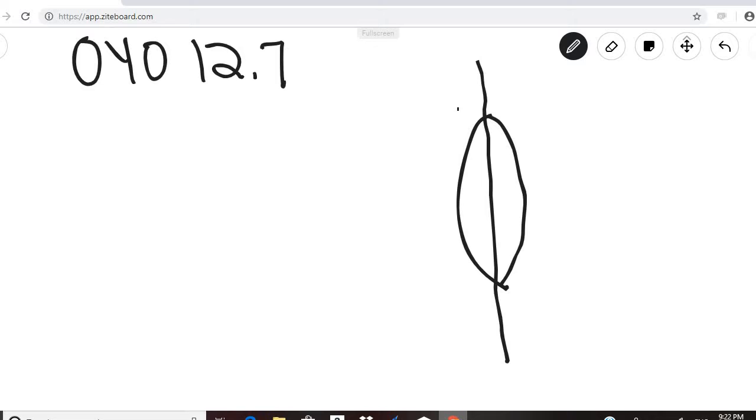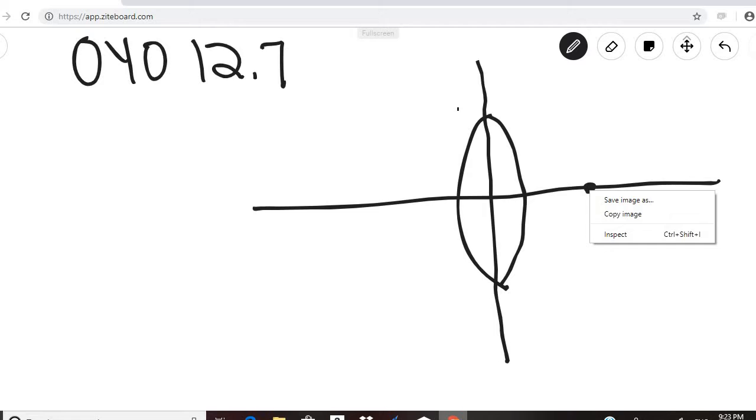Draw our line through the middle, and then our axis through the middle. And this tells us that focal points are 5 centimeters. So again, those focal points are going to be measured from here. So we'll say that's a focal point there. And from here, we'll say it's there. Okay, so there's our 2 focal points.